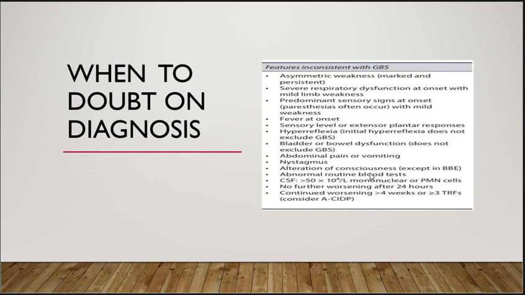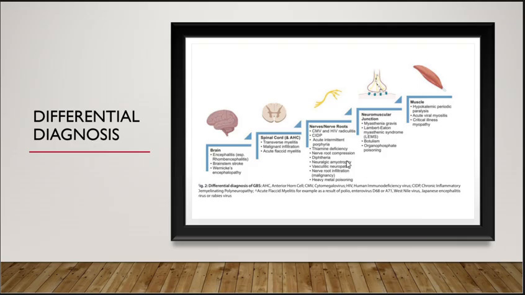It is something you are assuming as GBS; probably it might be viral encephalitis or some bacterial cause. Also worsening of symptoms even after more than three treatment-related failures, or beyond 4 weeks, which is usually seen in acute CIDP.